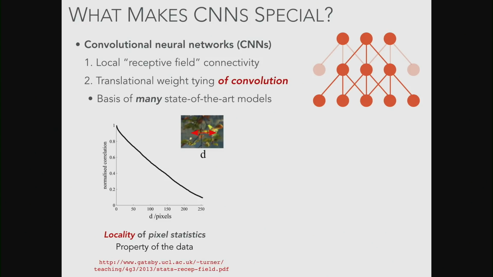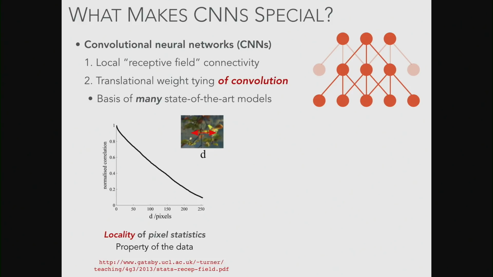So this is my image here. And there's a really interesting property of images, which is that if you take the correlation between pixels at some offset from each other, and then you normalize it and average it across all pixel locations, then you get a curve which kind of looks like this, where we've got pixel separation along the bottom and normalized correlation along the y-axis.